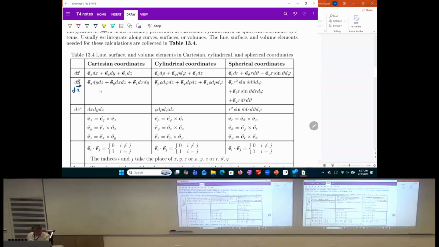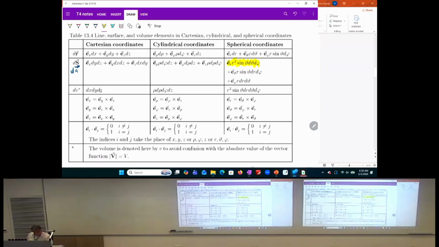That means when you take the differential surface element, you have to consider that for your r component, that turns into an r squared and a sine theta that you also have to account for. And if you take a volume integration, your differential volume element has to account for the spherical coordinates by putting in not only dr, d theta, and d phi, but also the factor r squared and sine of theta.